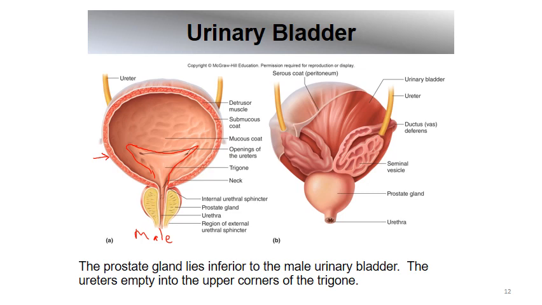In the female, of course, no prostate gland. The urethra just runs down in front of the vagina. And here it says the internal urethral sphincter is right at the base of the bladder. And so this opening, or this gate, is controlled by the brain.